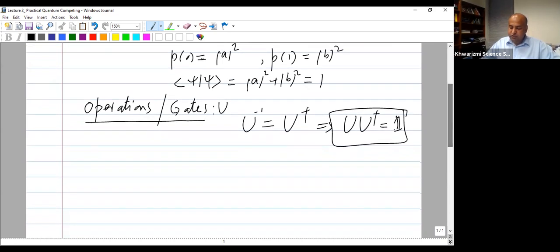And we can see that unitarity preserves this probability.